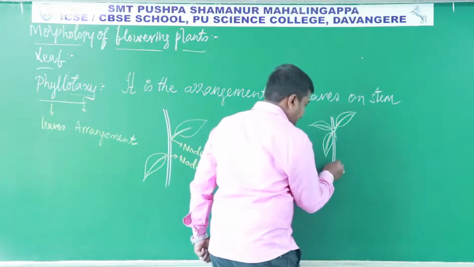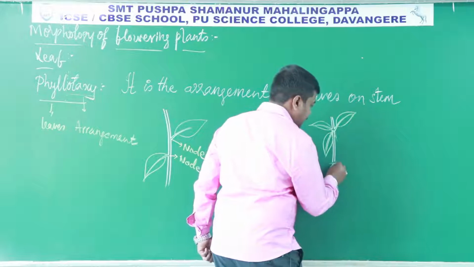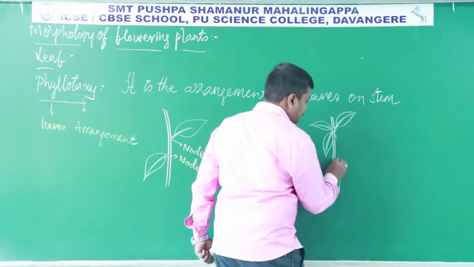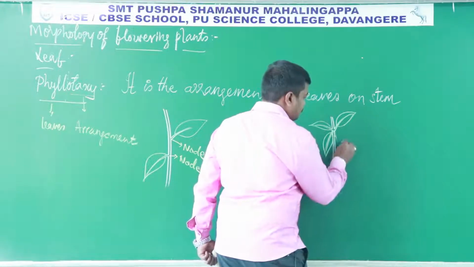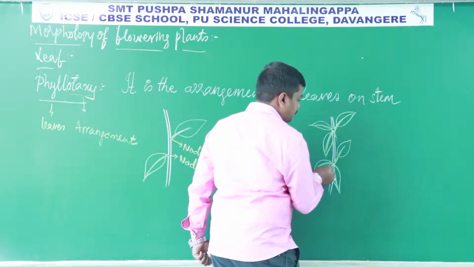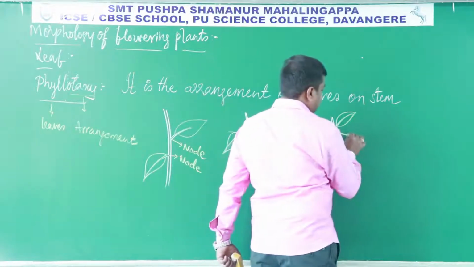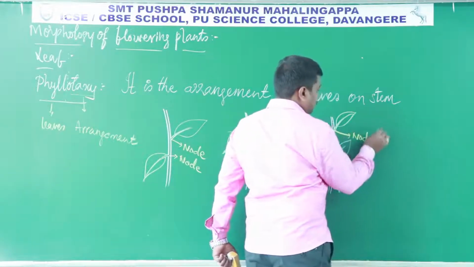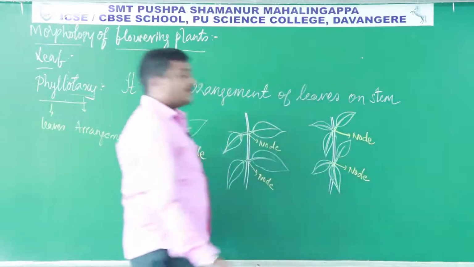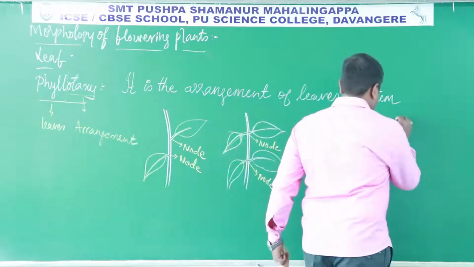Here from a single node more than two leaves are produced. Here is the node, and here is the node. Or we can add even more examples.